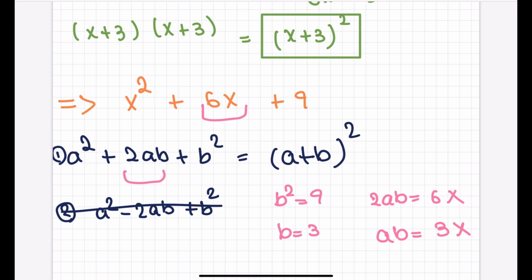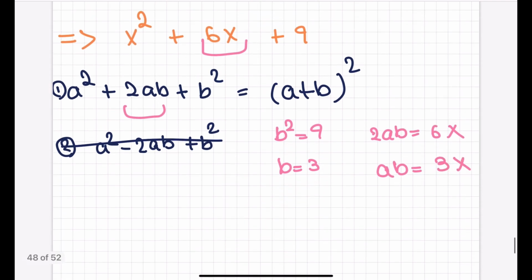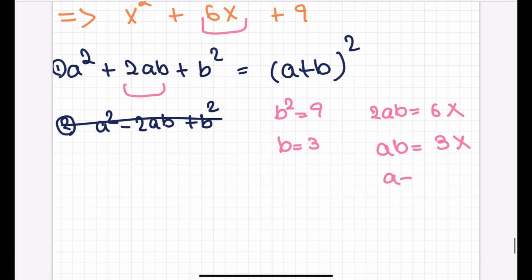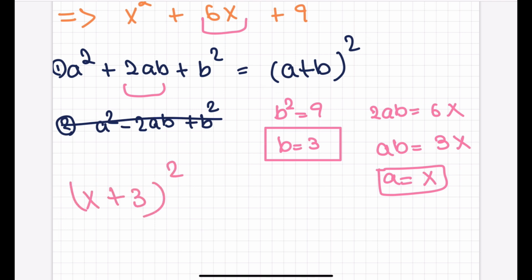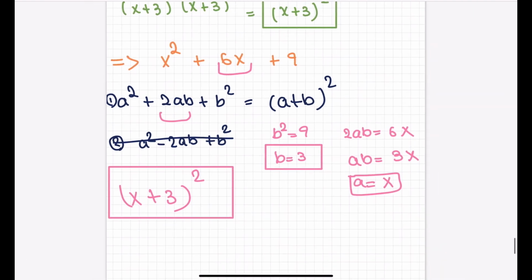But I know my b is 3, so that means a equals x. So I found my a and I found my b. Let's plug it here. So it's going to be (x plus 3) to the power of 2, and this is my answer. See? Saved you much time.